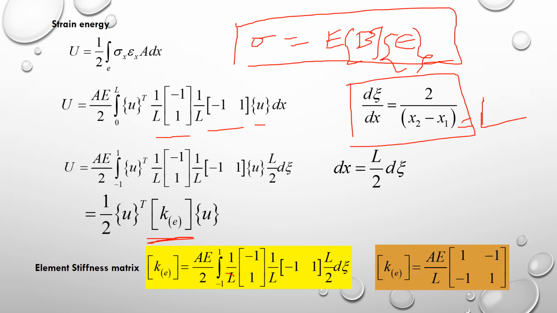Multiplying this, we finally get the element stiffness matrix AE/L [1 −1; −1 1]. This is the element stiffness matrix of the two-noded bar element. We already derived this element stiffness matrix using the global coordinate system. For understanding purposes, we can also calculate it using the natural coordinate system.